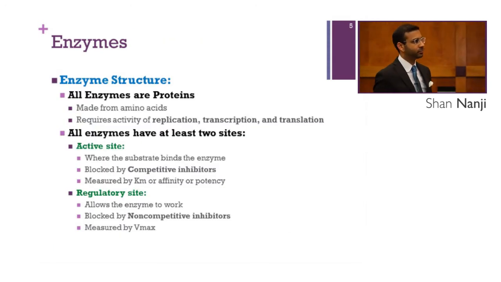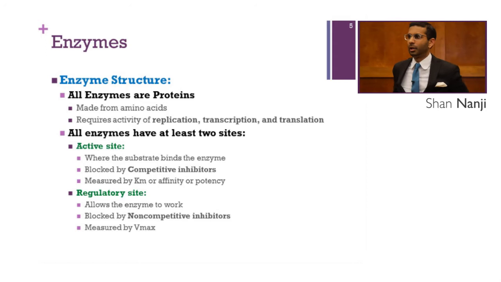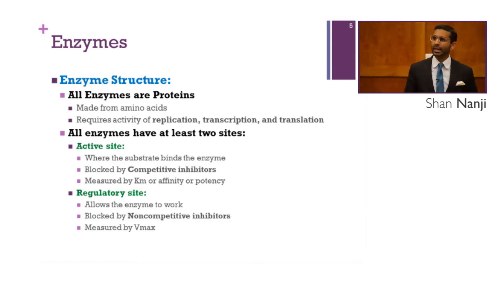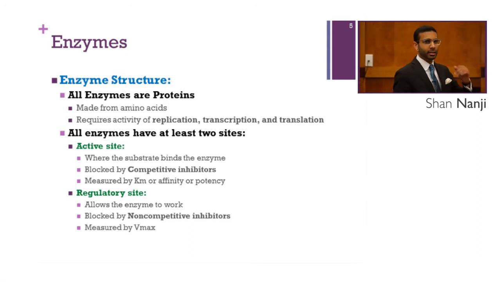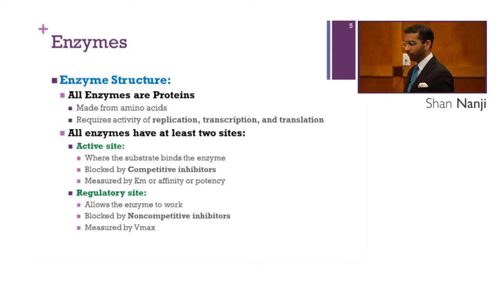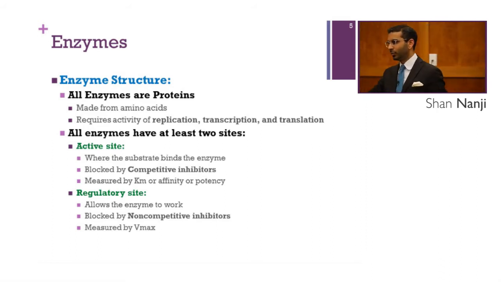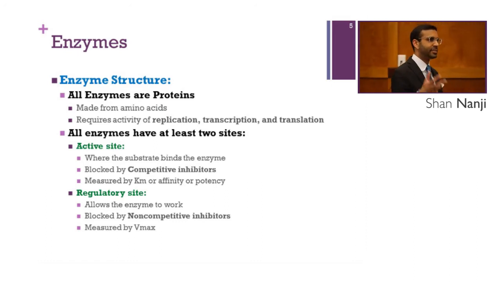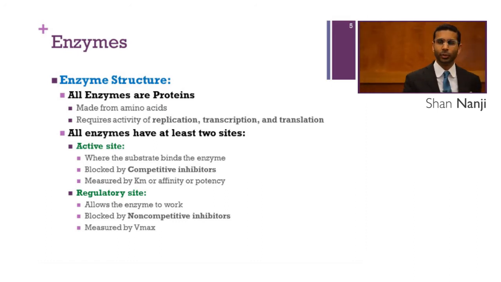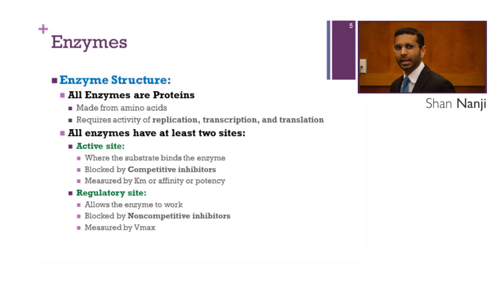Now, enzyme structure. All enzymes are proteins, which means that they are made from amino acids, which means that it requires the activity of replication, transcription, and translation. All enzymes have two sites, the active site and the regulatory site. The active site is where the substrate binds the enzyme. It's blocked by competitive inhibitors.